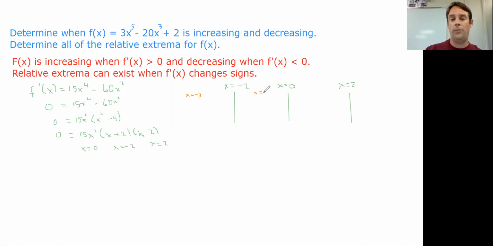Again, we're treating this like a number line. If I take -3 and plug it in here, I would end up with a derivative that is a positive value. If I plug -1 in, I'm going to end up with a derivative that is a negative value.